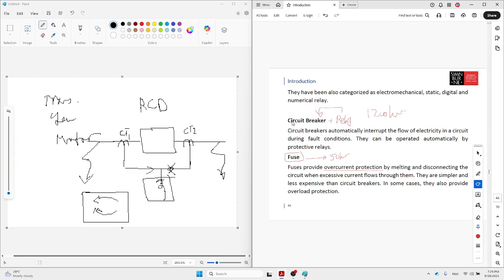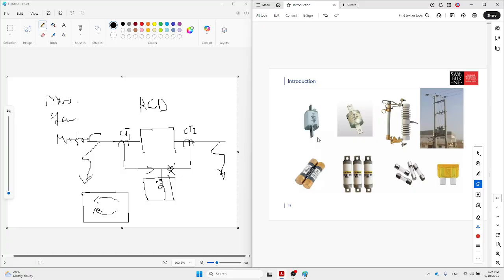Another thing I can mention here: circuit breaker and relay are very, very expensive compared with a fuse. A fuse is very, very cheap. These are the fuses available in the market. I will show you this one in the lab. I think you can find this one inside the car. This is what we call the transformer.